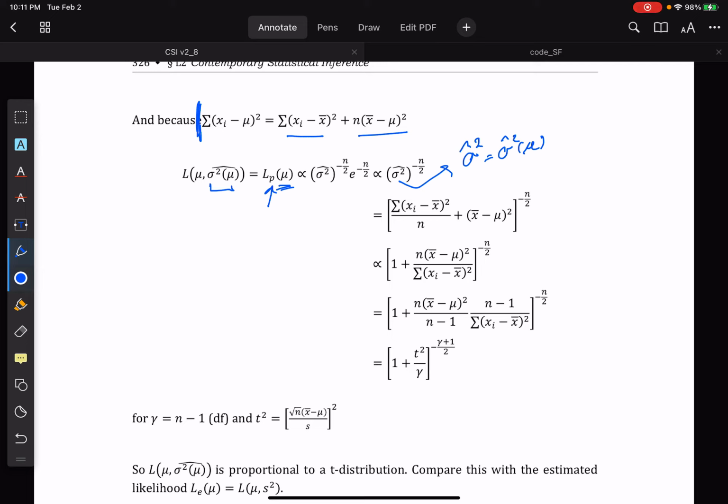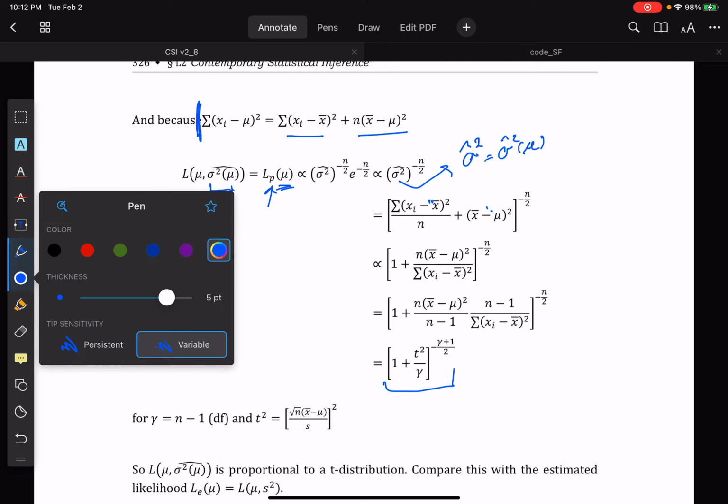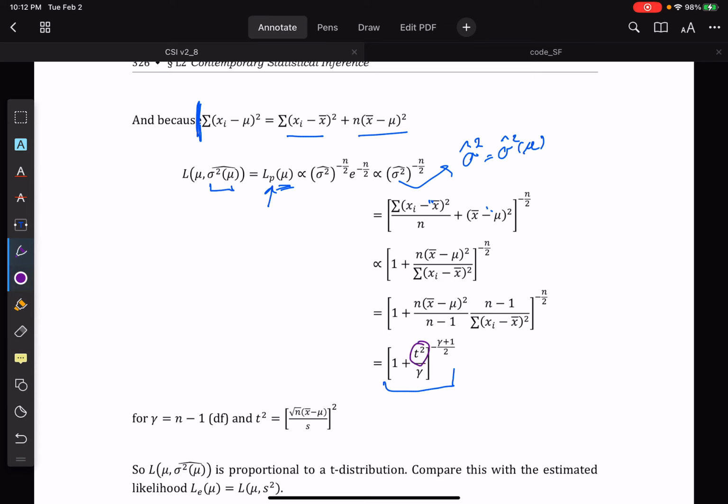All right. And then I've done a little algebra, and I've broken up the sums of squares here. I've divided through by a piece. I broke it up again into certain pieces, and I made it look like this kernel because that's the kernel of a t-distribution. And in fact, here you have t squared, and this t squared right here is this thing right here, which is a z squared actually.